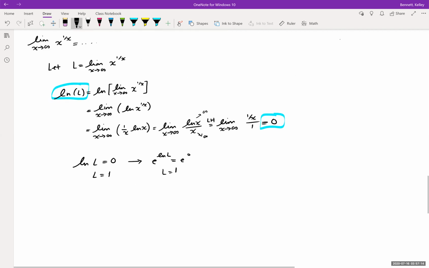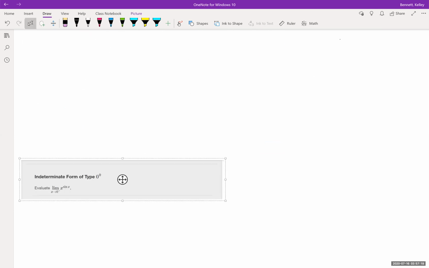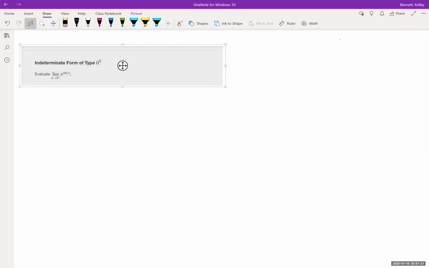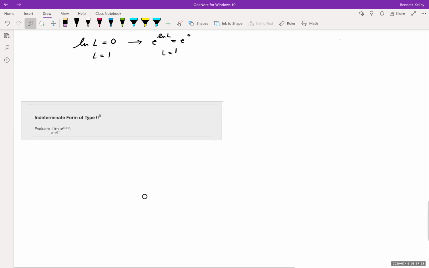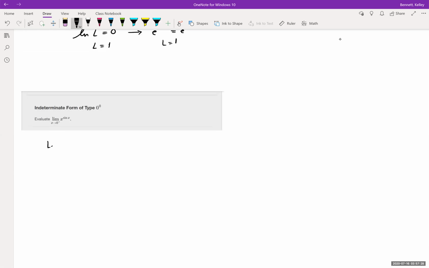Let's do another example like that, and then that will conclude our 4.8. So same thing. When I have that exponent, it's my tip off. I'm going to assume the limit exists. I'm going to call it L, and I'm going to say let L equal the limit as x goes to 0 from above of x to the sine x. Then the natural log of L is the natural log of the limit.